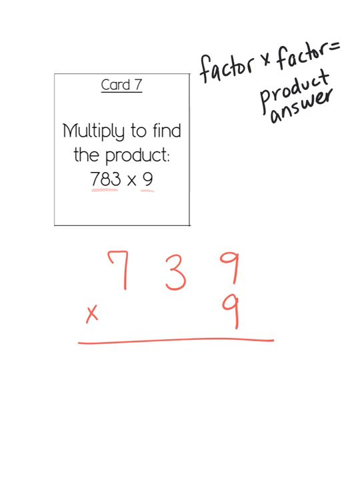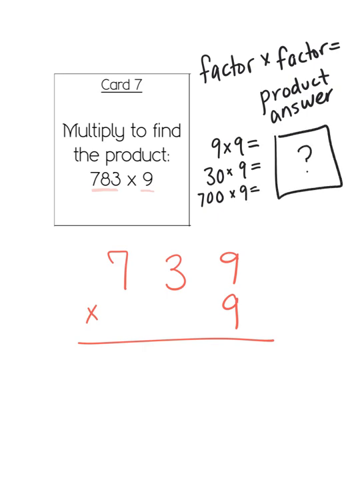So really, when we're doing the US algorithm, what we're multiplying is 9 times 9, that's our ones. Then 30 times 9, that's our tens. And last, 700 times 9. And then we take these partial products and add them together to get our answer. Okay?